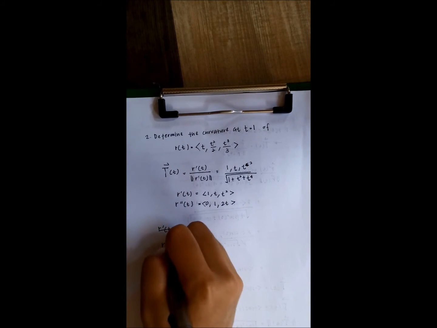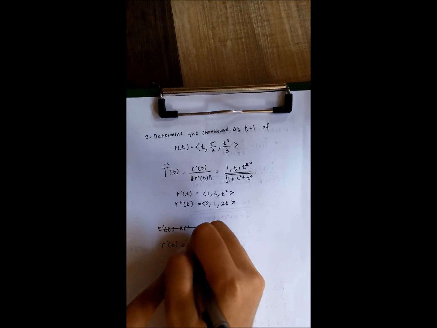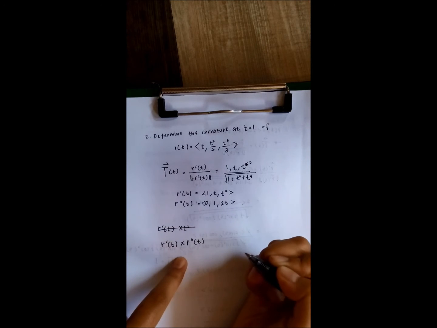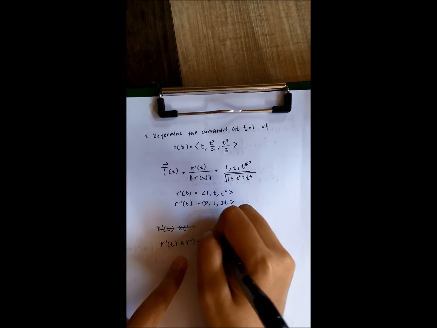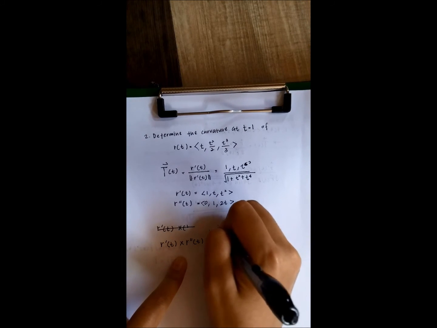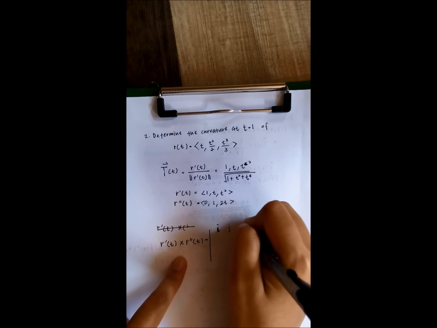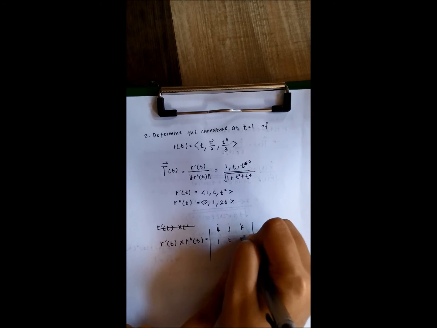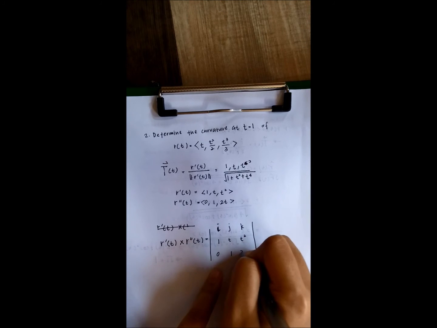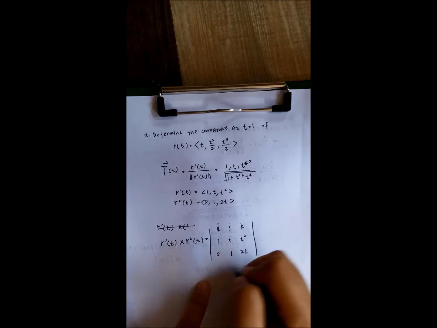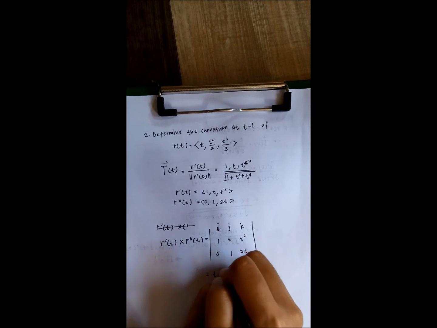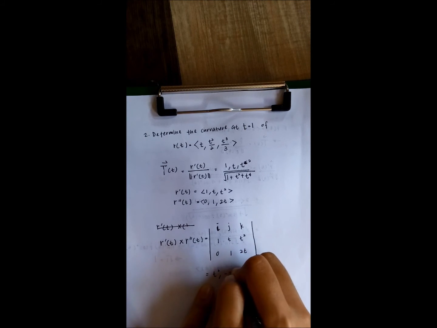Here is the first derivative of r(t) cross product with the second derivative of r(t). Then we get i, j, k with 1, t, t square, 0, 1, 2t, and we will get the answer t square, negative 2t and 1.